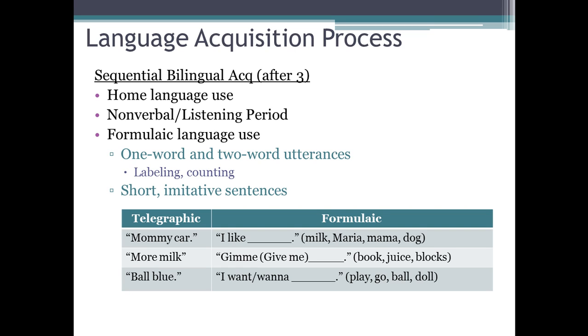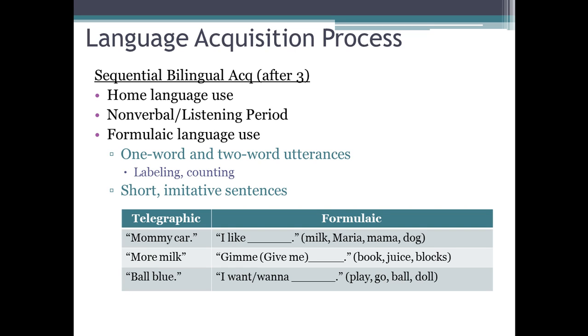This doesn't mean necessarily that the children understand the components, such as mommy is a noun and car is a noun, or give bowl, give is a verb and bowl is a noun. They're not going to understand that piece, but they are going to understand that saying that statement gets them something.